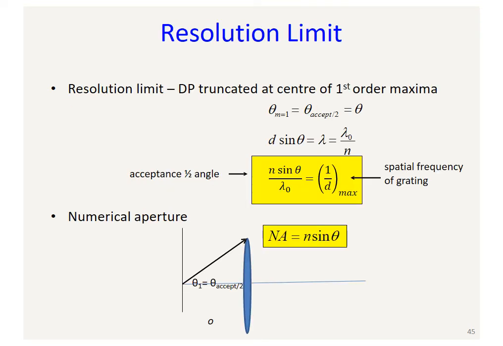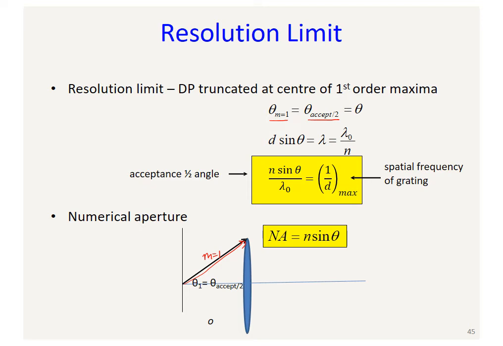So for imaging with coherent light, if we want to just resolve something, we need to just allow the m equals 1 order to pass through. That means our angle of diffraction is going to be the half angle of acceptance of our imaging system.